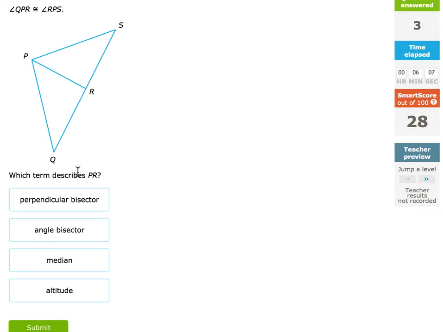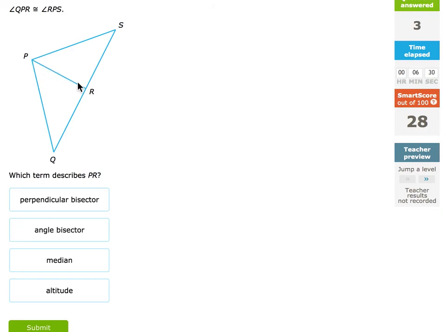Which term describes PR? PR here. We see no numbers, but we have this up here, so let's not overlook this information. Angle QPR is congruent to angle RPS. We have two angles of the same size.